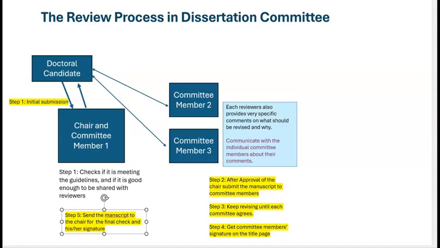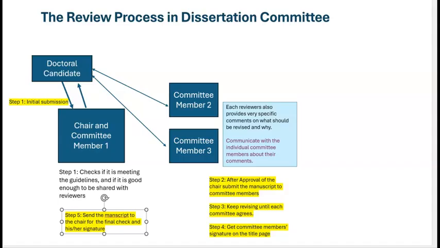Also, the chair will check if the manuscript has decent quality, at least good enough to be shared with the two other committee members. If the chair decides that the quality is good enough and it is meeting the guidelines, the chair will ask the doctoral candidate to send the manuscript to the two other committee members.